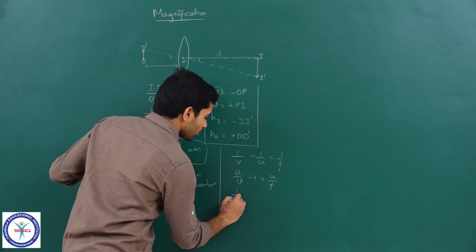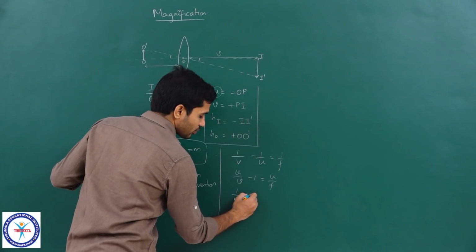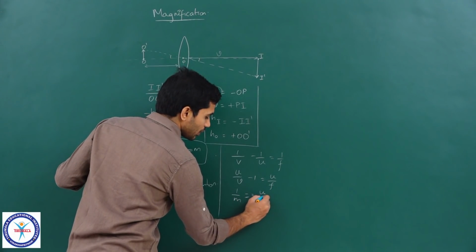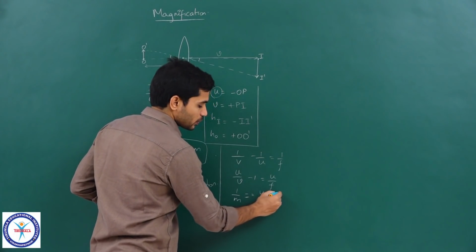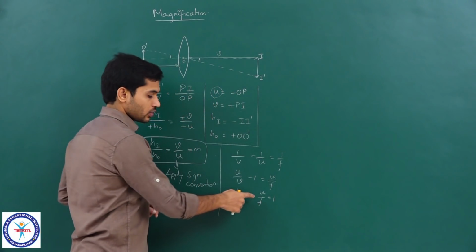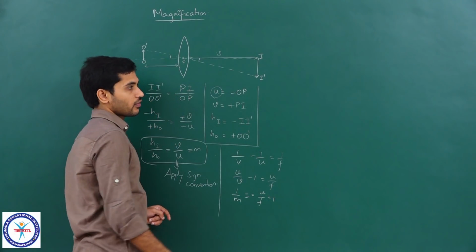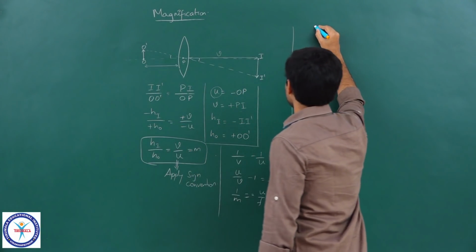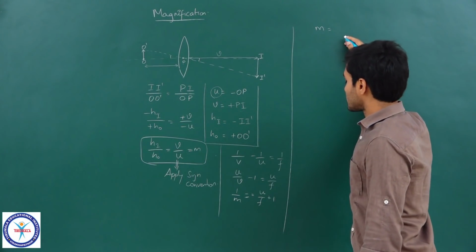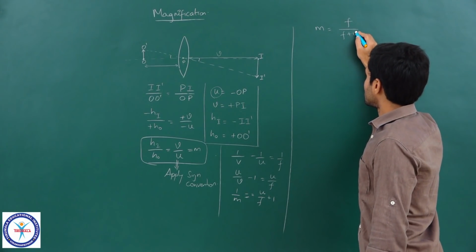So I will be getting 1 by m, I will send 1 to the other side. So 1 by m is equal to u by f plus 1, which can also be understood as u plus f by f. Solving that will finally give me the magnification of the lens as f by f plus u.